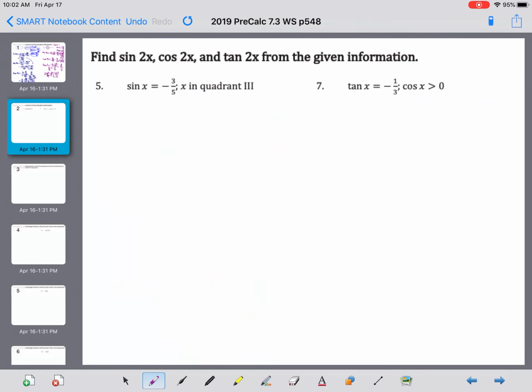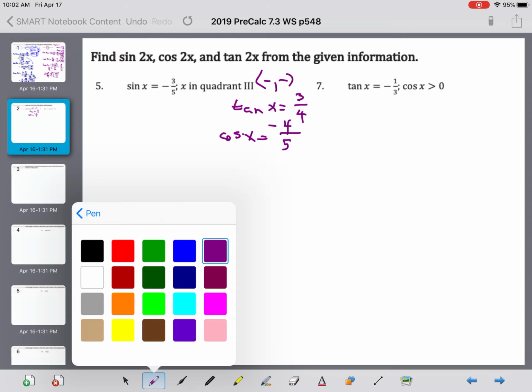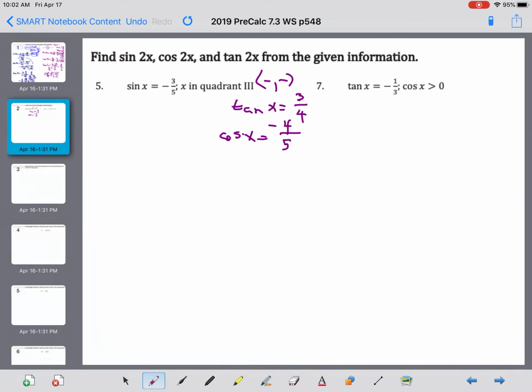Okay, moving on. Kind of similarly here, quadrant 3, they're both negative, but tangent's positive here. So again, I'm going to say that the cosine of x is going to be -4/5, Pythagorean tripling, and then the tangent of x is going to be 3/4 positive. So again, we're just going to follow that same path here.